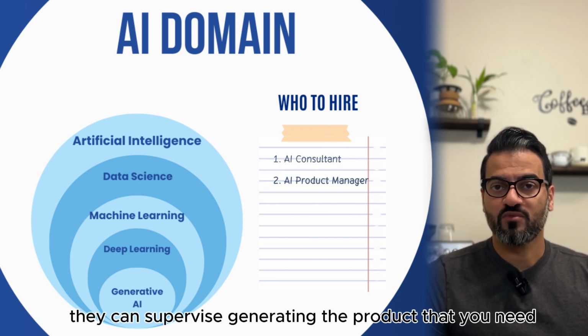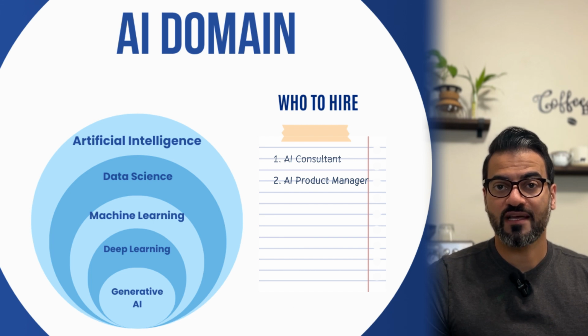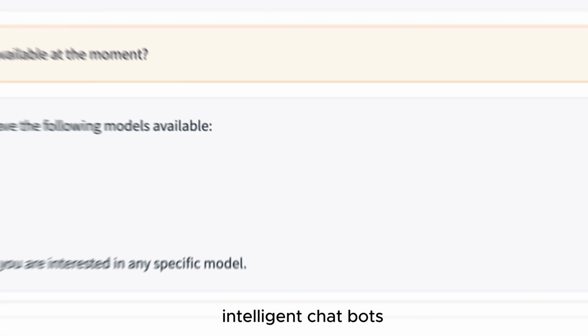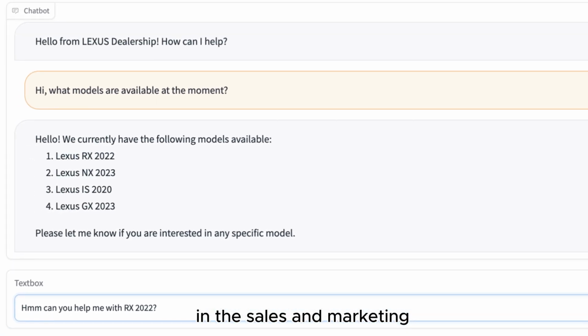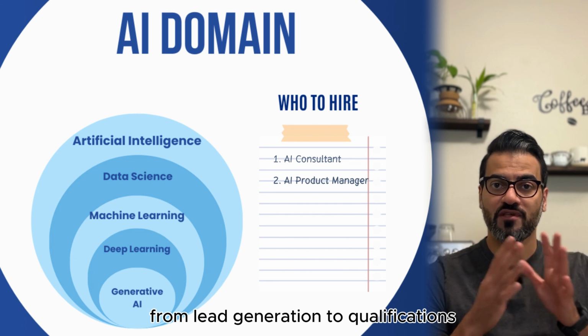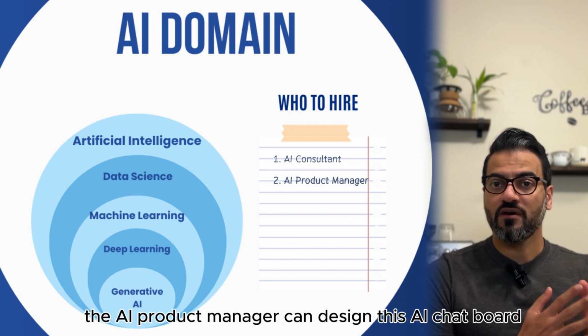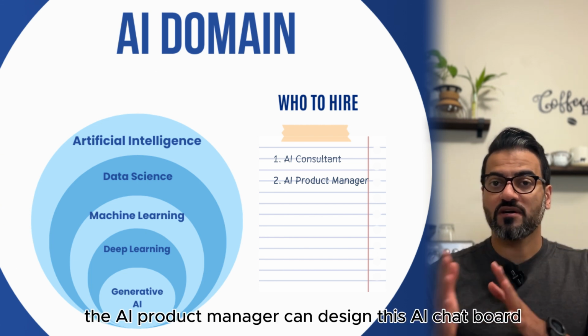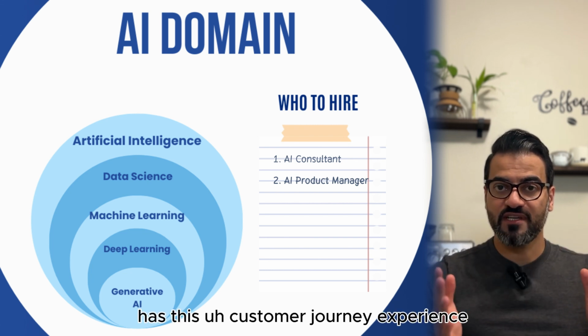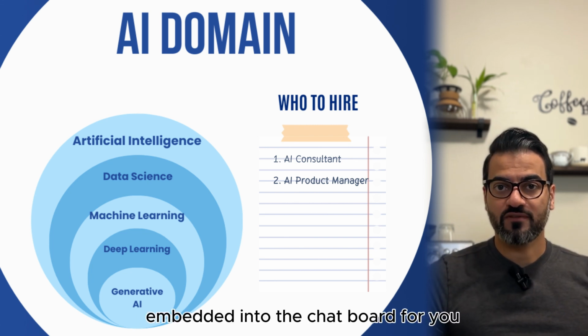They can supervise generating the product that you need. Examples of these products could be intelligent chatbots in the sales and marketing. If you need some sort of AI chatbot that can take the leads from lead generation to qualifications, the AI product manager can design this AI chatbot, has this customer journey experience embedded into the chatbot for you.